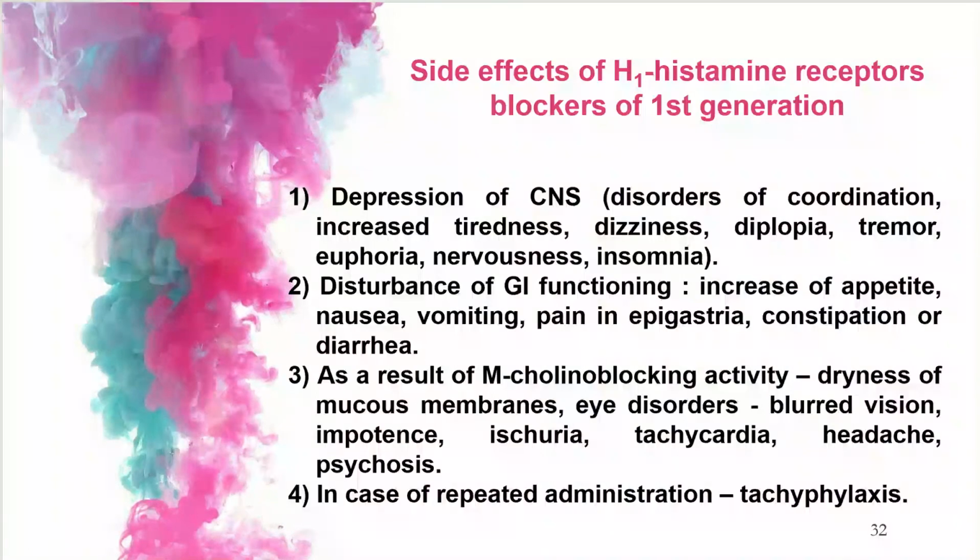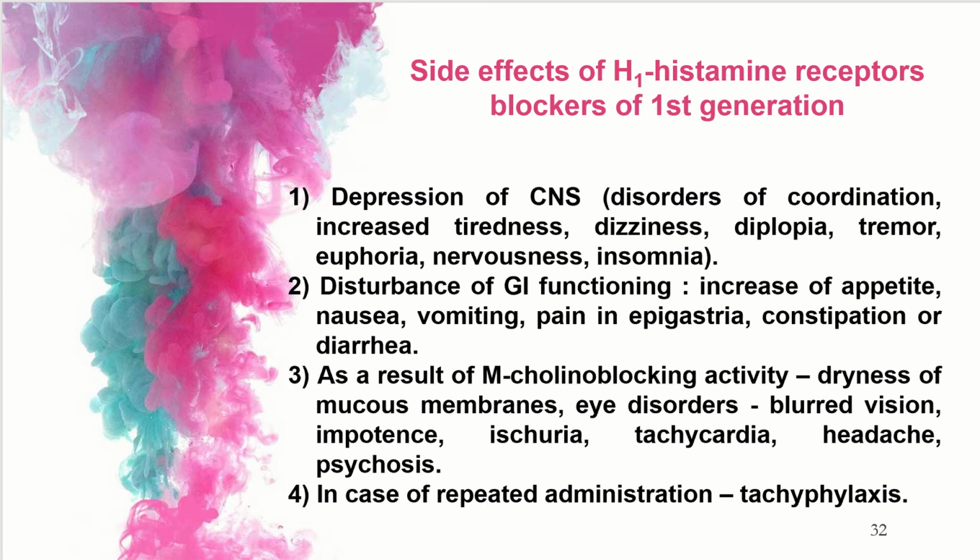All right, some side effects of these H1 histamine receptor blockers of first generation. As we mentioned, depression of the CNS, so that's several disorders there related to the central nervous system. Disturbance of the GI functioning, several side effects there.